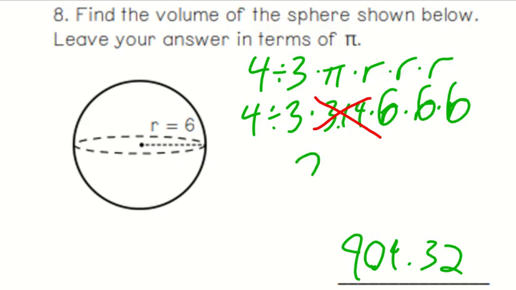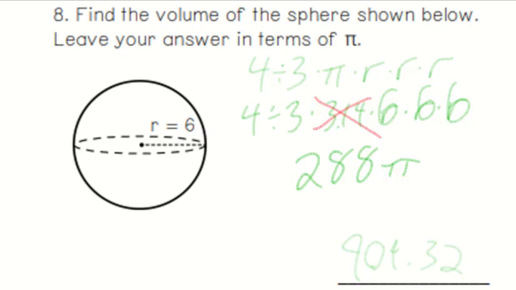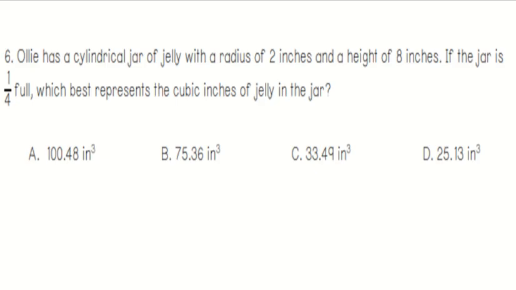What that gives me is 288, and then the answer will have the pi symbol at the end. The answer choices will all have the pi symbol, so that'll hopefully help you remember that. If you see problems where they have the pi symbol on them, that's what it's looking for. Just don't use pi. Don't use the 3.14. Okay? Any questions there? Spheres are the weird one, or just a little more different than the other two, at least.